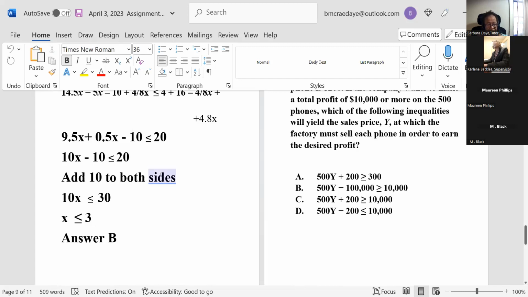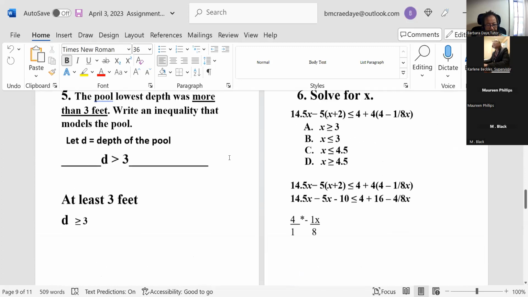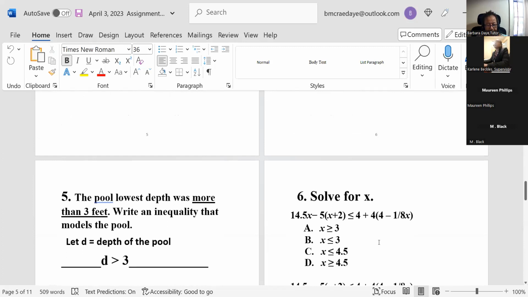Okay. Now, when you see a problem, let's go back up here to the very top. You want to solve for x. So the first thing you do is simplify your parentheses. In other words, get rid of them. That means you have to apply what's outside the parentheses to everything within the parentheses. That appears twice, on the left and on the right.